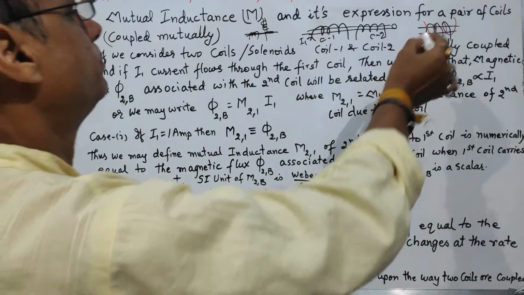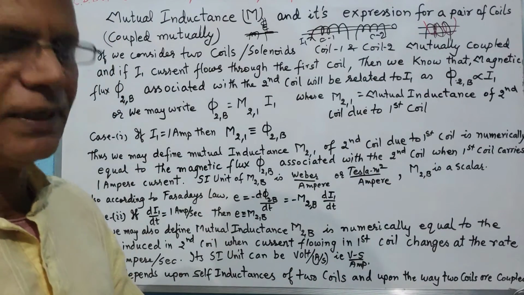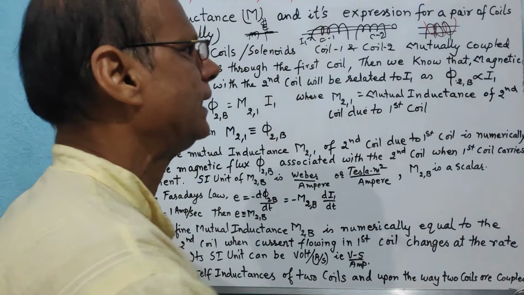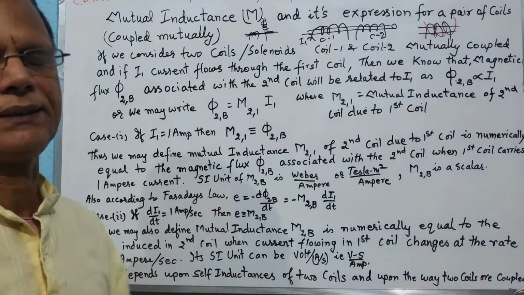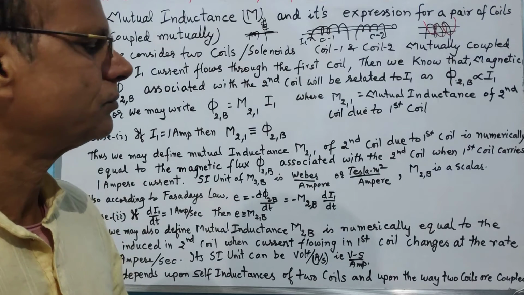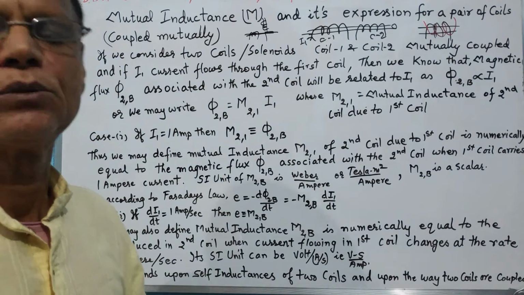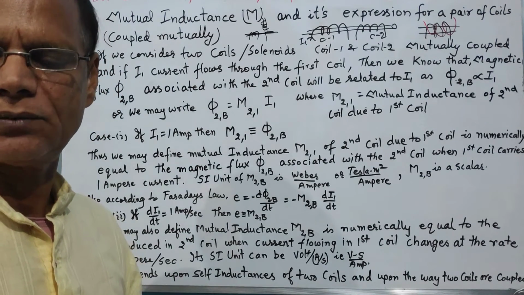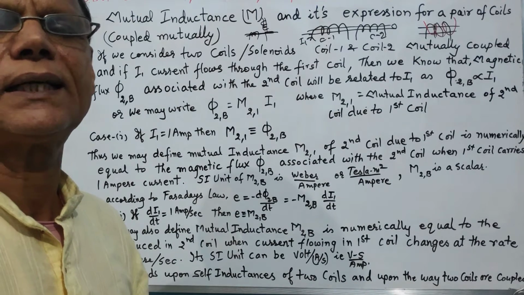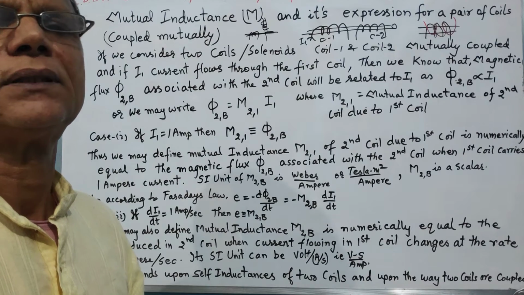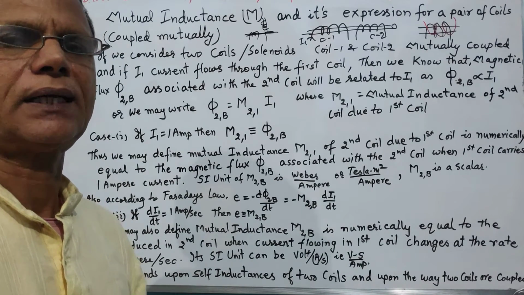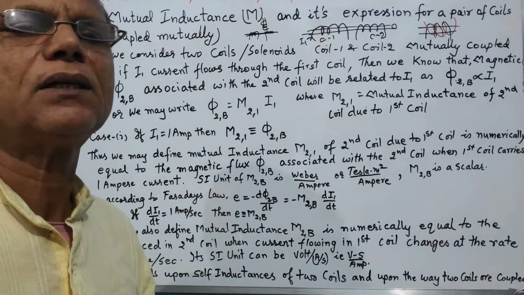In this case the coupling will have maximum effect, meaning mutual inductance will be the highest in this case, medium in this case, and lowest in this case. So this is all about mutual inductance. Now the more the mutual inductance, the more will be the back EMF induced in the second coil due to some change in the first coil.